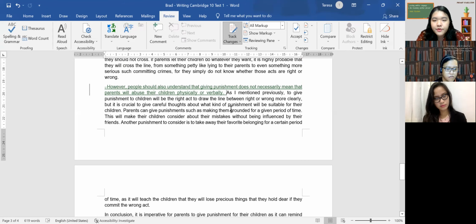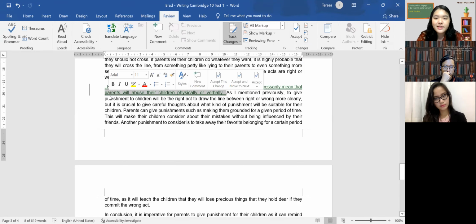Previously, without the addition of the first sentence, it's actually missing the first point. What kind of punishment will be suitable? So instead of going into the example first, it's better to say, for example, they should not abuse their children verbally.